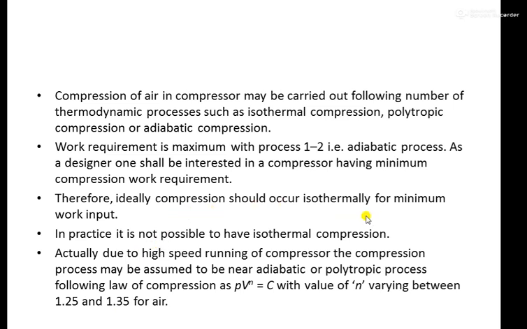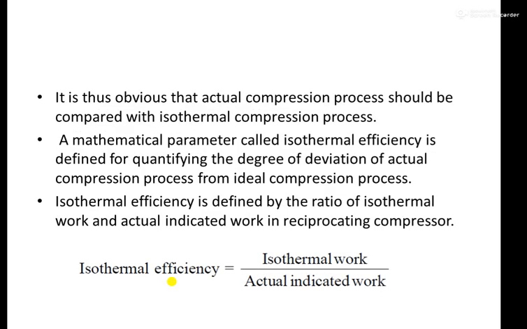Ideally the compression process should be isothermal, but actually because of high speed this process is not practically possible. Isothermal compression is practically not possible because of the high speed. So the process is considered to be nearly adiabatic or the polytropic process, as we discussed earlier.